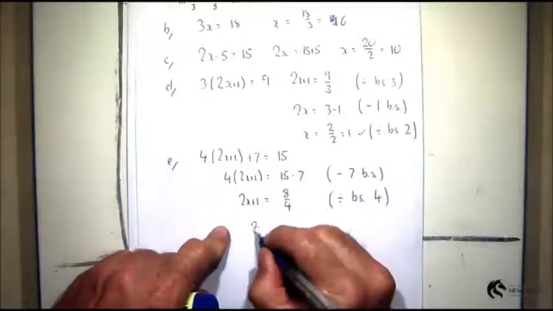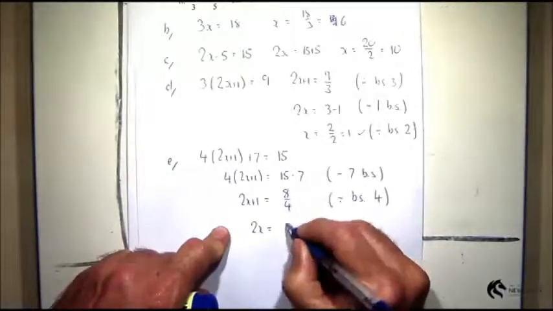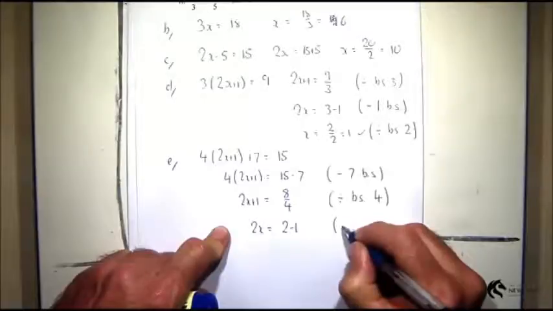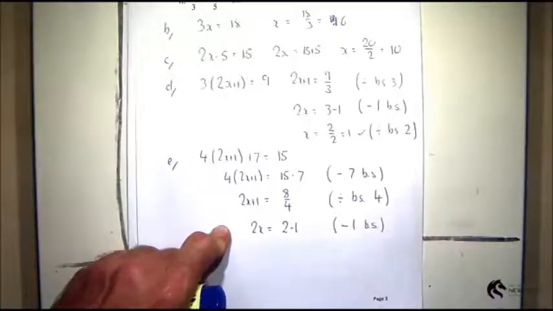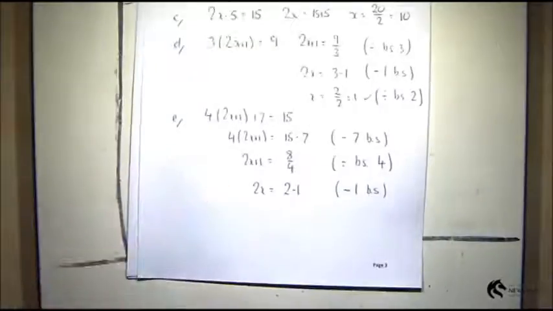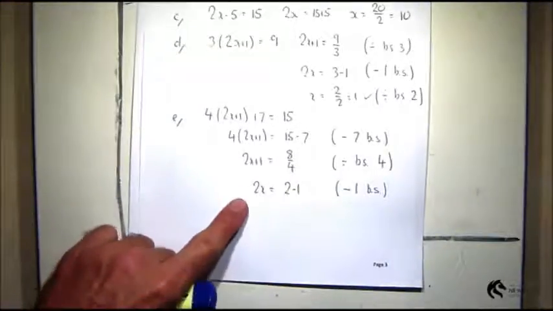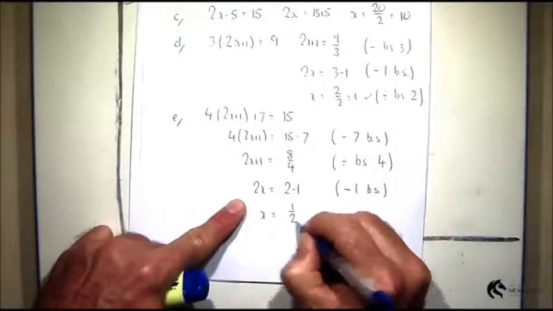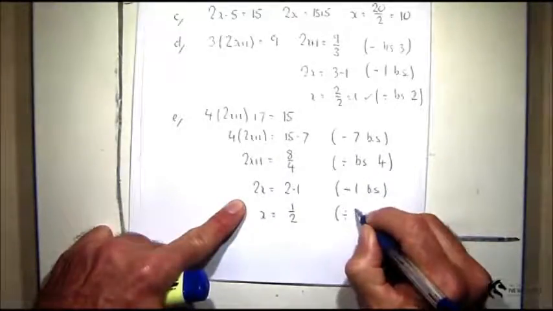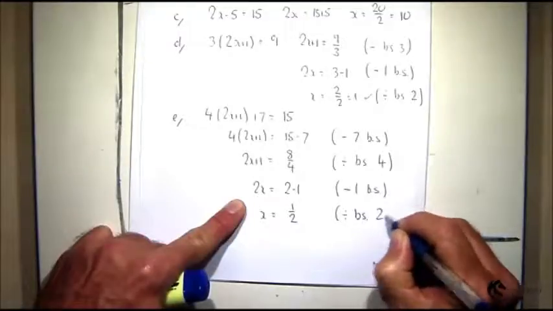So I now have 2x is equal to 8 divided by 4 is 2, 2 minus 1. So subtract 1 from both sides. And finally, to get x by itself, I will divide by 2. And so I'll have x is equal to 1 divided by 2. Divide both sides by 2.